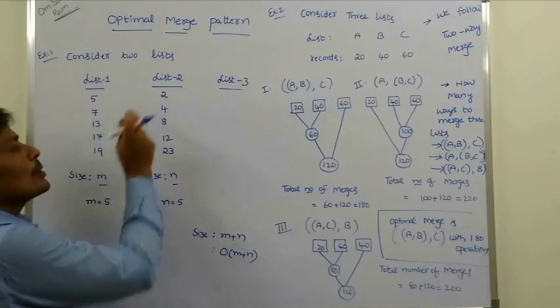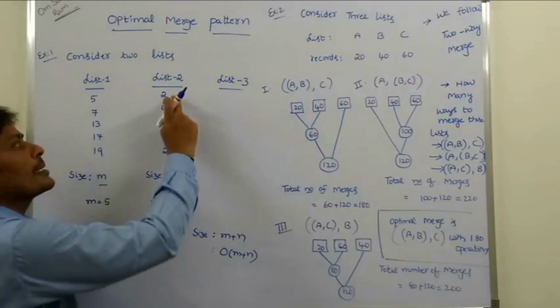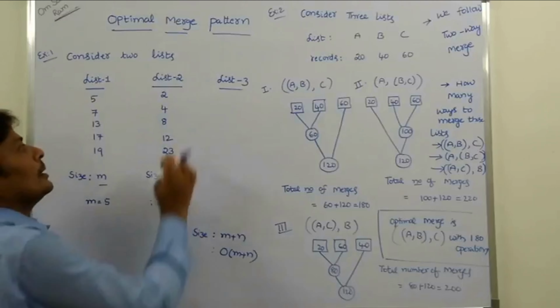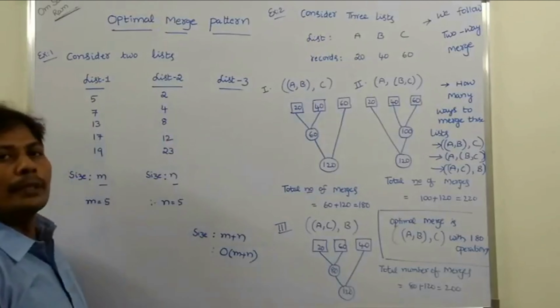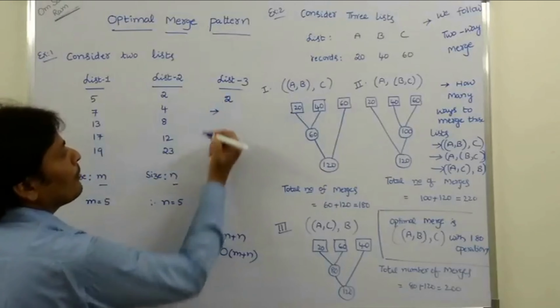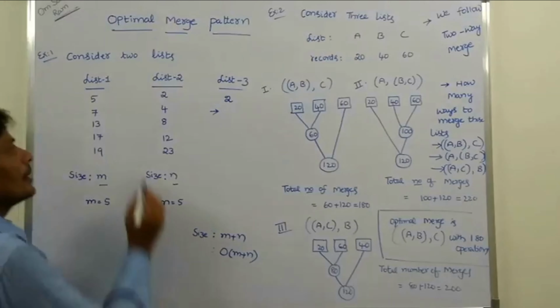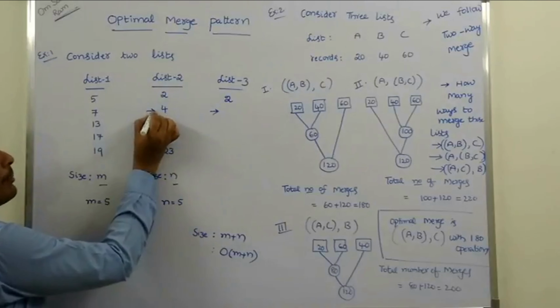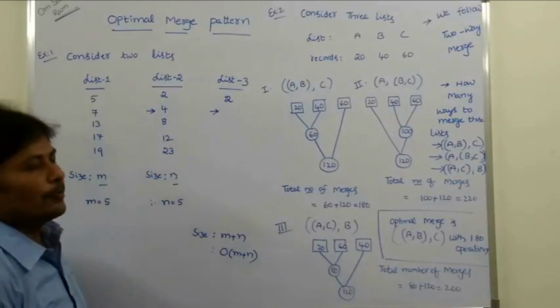Among them, 2 is the lesser value. Then the element 2 is moved to list 3, and the pointer is incremented in list 2.